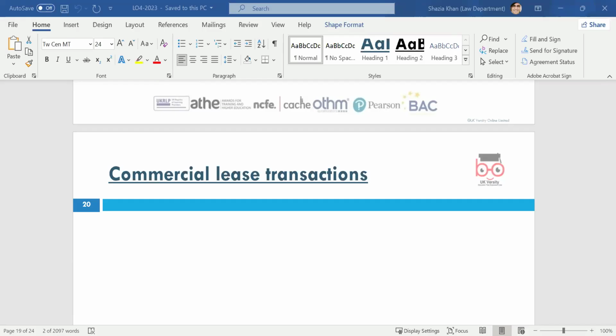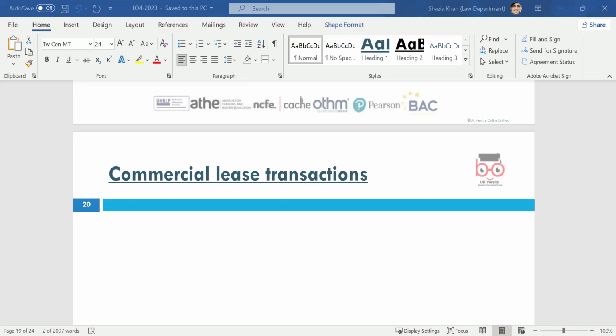A commercial lease transaction refers to the entire process of leasing a property for business purposes, and this is an agreement between a landlord and a tenant who grants the tenant the right to use the property for commercial activities in exchange for regular rent. The process involves, firstly, negotiating.